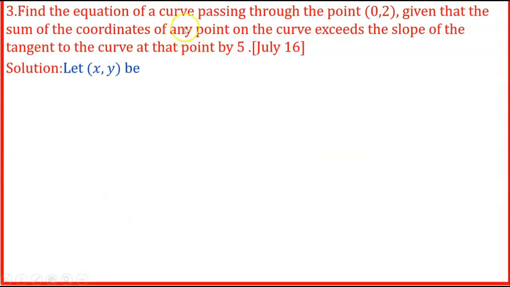Now next, find the equation of a curve passing through the point (0, 2), given that the sum of coordinates of any point on the curve exceeds the slope of the tangent to the curve at that point by 5. Means what? x + y = 5 + dy/dx. Let (x, y) be any point on the curve y = f(x).